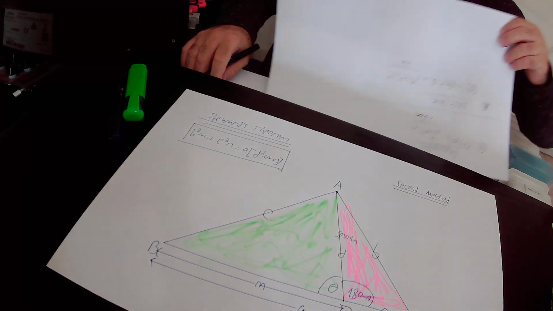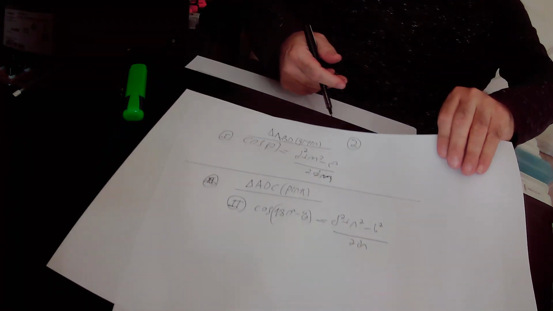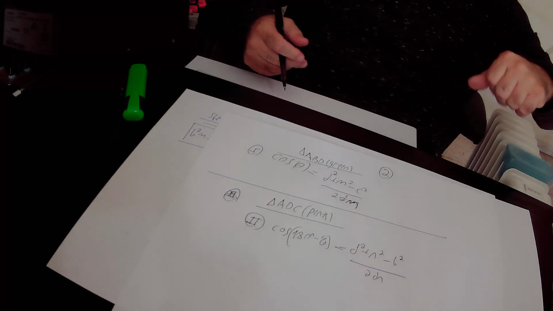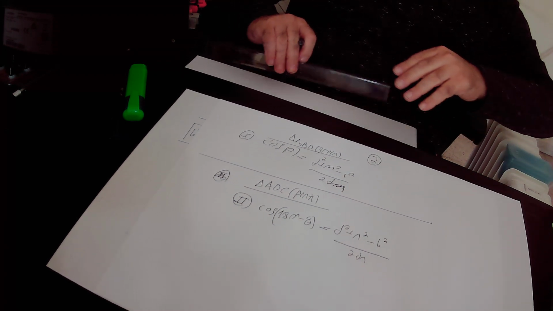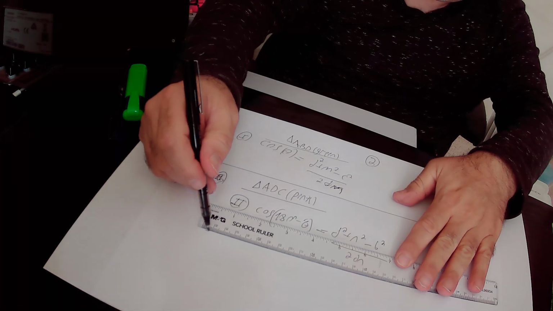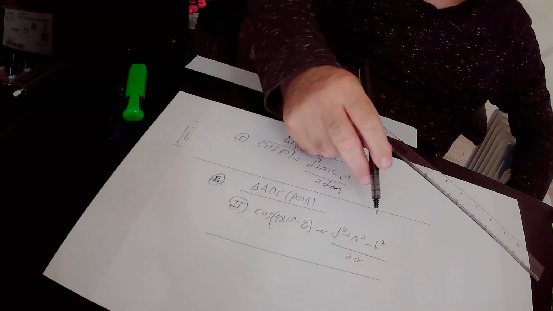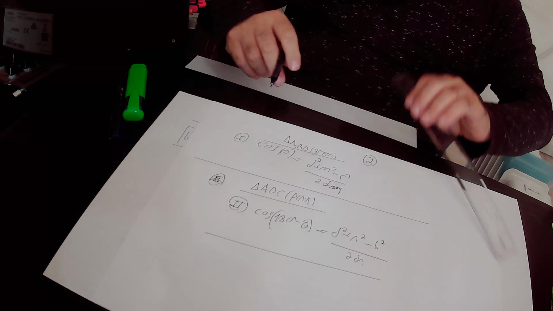Here, equation number 2 is the implementation of the law of cosines in the pink triangle, triangle ADC. Cosine 180 degrees minus theta equals d squared plus n squared minus b squared over 2 times dn.